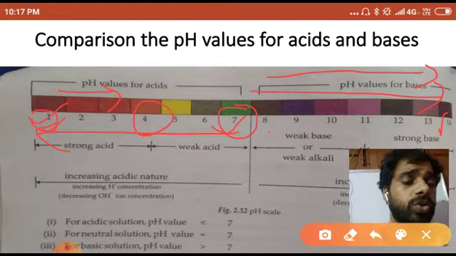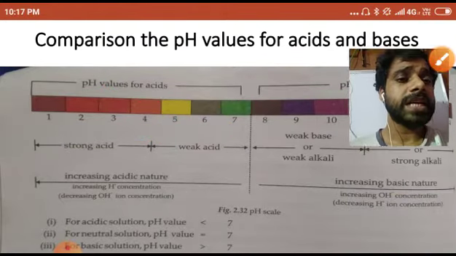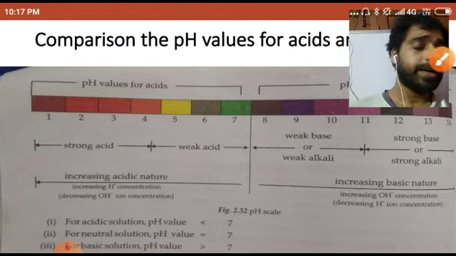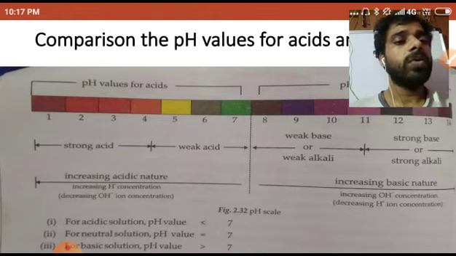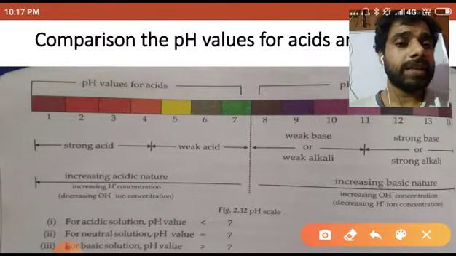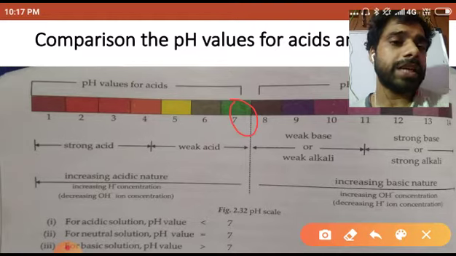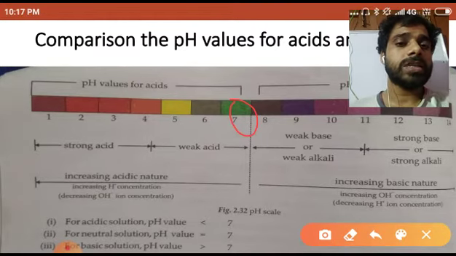Okay now, this is the pH scale which was devised by Sorensen in 1909. He said that 7 is the neutral point, and the left side of this is a strong acid.